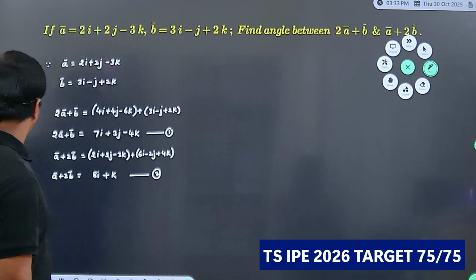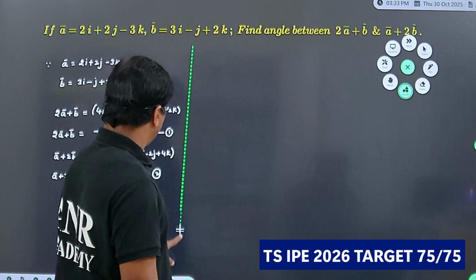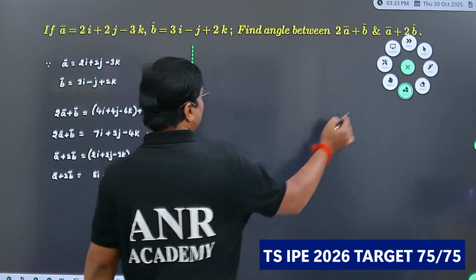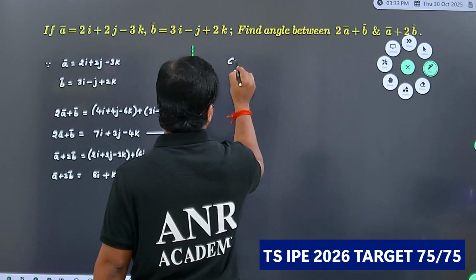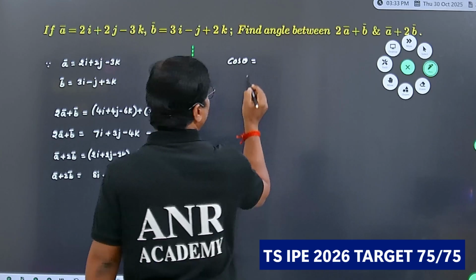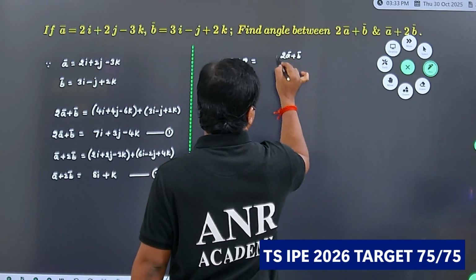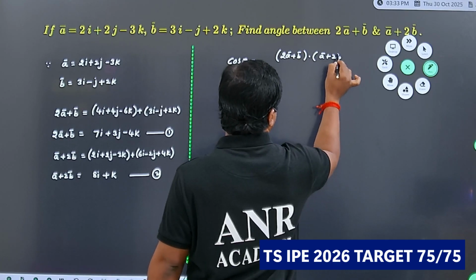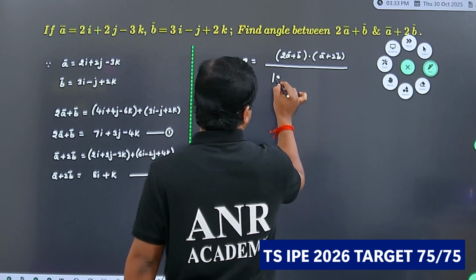You know the formula cos theta equal to a dot b by mod a mod b. So here to find angle between these two vectors, I am going to use the same formula. Cos theta written as 2a plus b dot product with a plus 2b in the numerator, dot product in the numerator, and magnitudes in the denominator part.